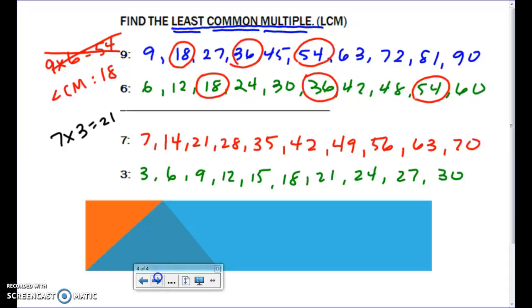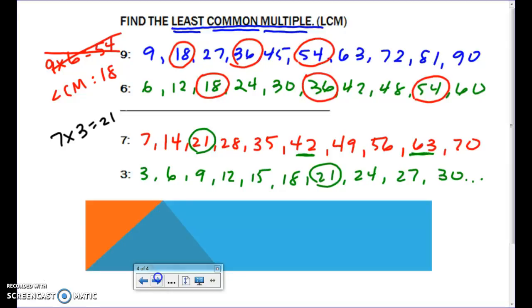I see that 7 is not in the 3 column, 14 is not, 21 is right there, shared, so it would be in common. 28 no, 35 no. Now, we ran out of numbers here, but the multiples keep going forever. And I know 4 plus 2 is 6, and 3 goes into 6. So I know that 42 would be a common multiple, just not the least common multiple.